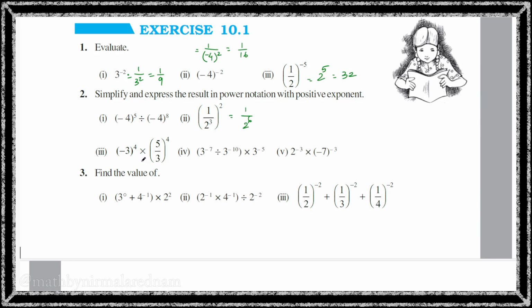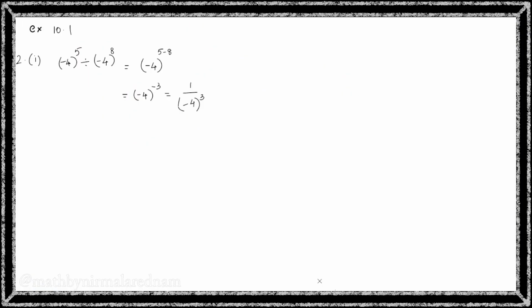The third one, you have minus 3 whole power 4 into, they're saying 5 by 3 whole power 4. Correct?